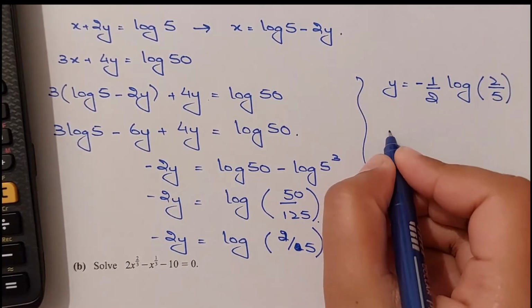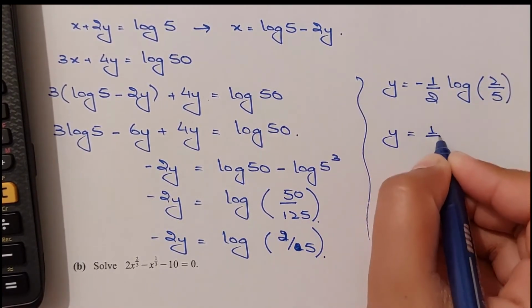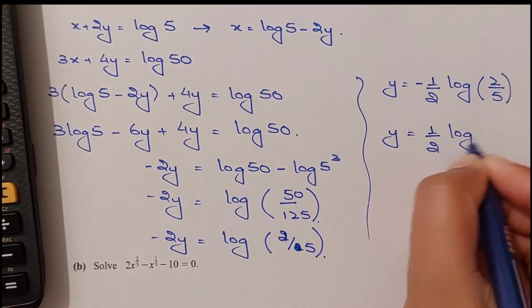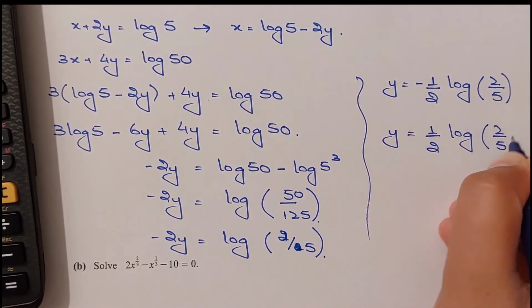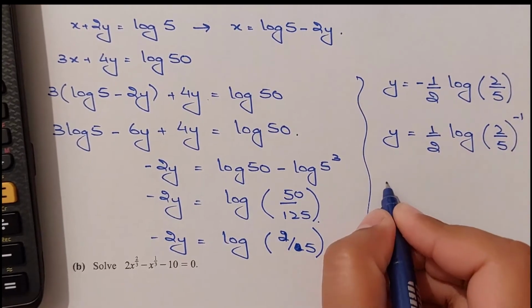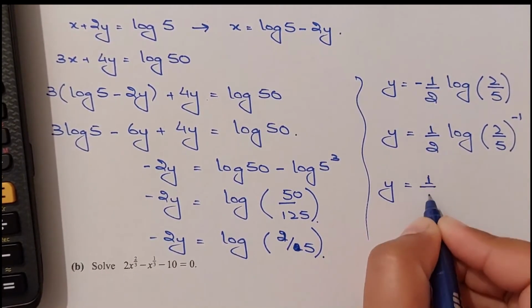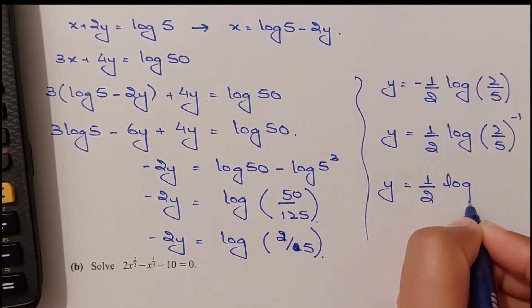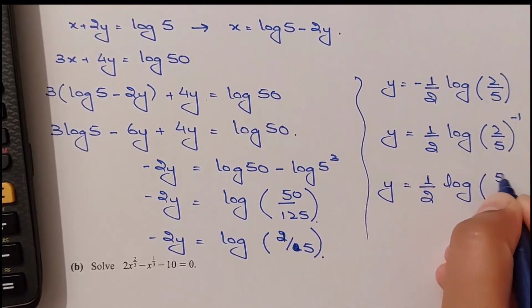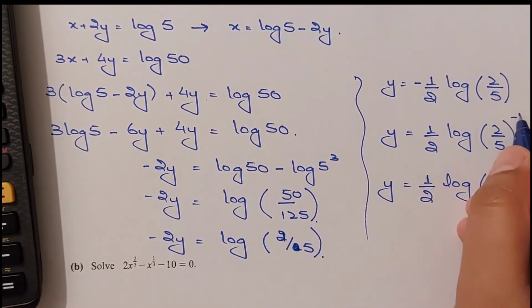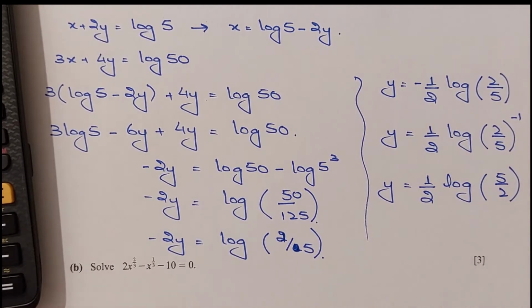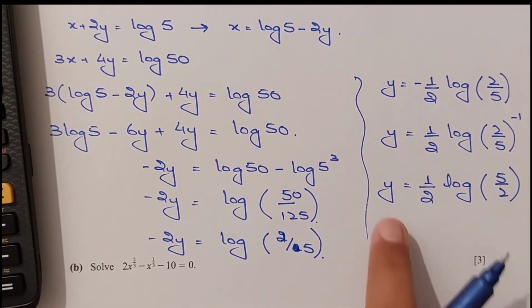And to get rid of this minus sign, we can say 1 by 2 log of 2 by 5 to the power minus 1, and y equals 1 by 2 log of 5 by 2. Just taking a reciprocal because its power is minus 1, right? Okay, so this is the y value.